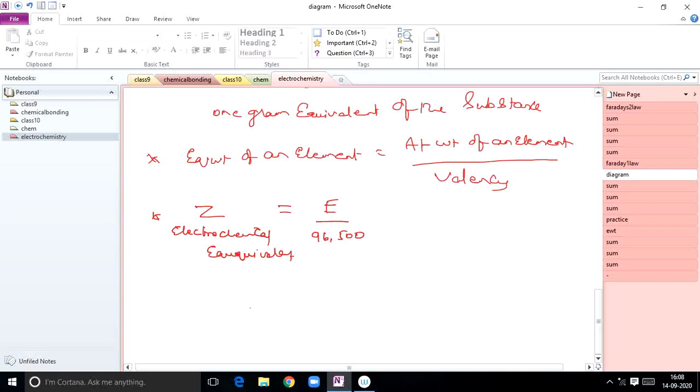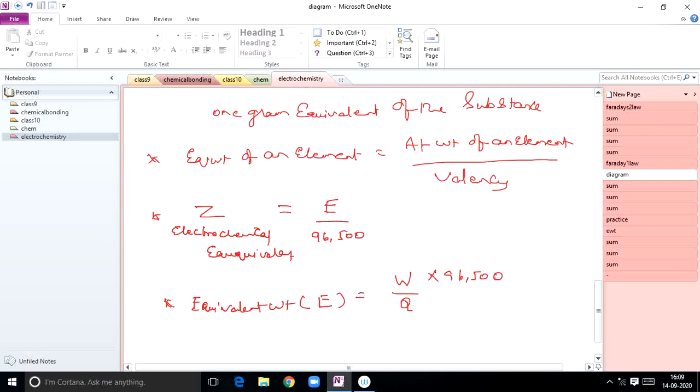From this you can write one more relation, equivalent weight capital E is equal to W by Q into 96,500, that is, the mass of the substance divided by the quantity of electricity passed, into 96,500. That is the formula.